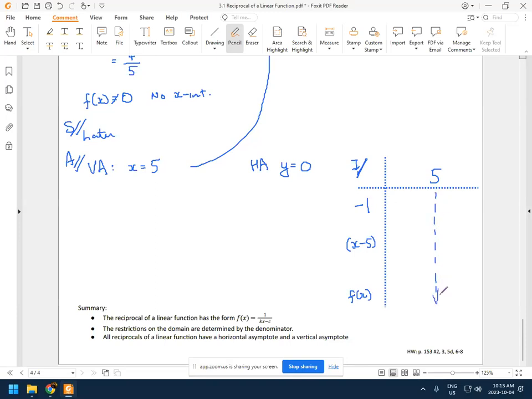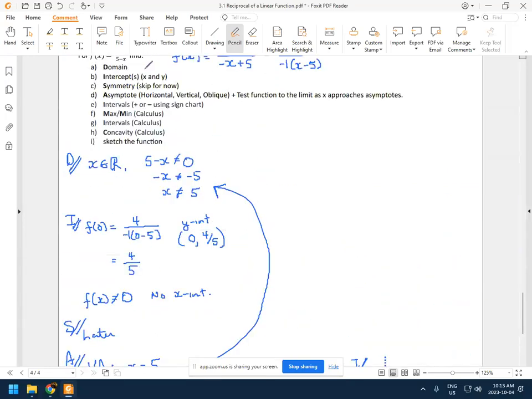This is a vertical asymptote. You can't touch it. Number under 5, well, we'll do 0. The negative 1 is always negative, but 0 minus 5 is a negative. That's going to be on the positive side. A number bigger than 5, let's try 10. Negative 1 will always be negative. 10 minus 5 will be a positive. This function will be a negative.